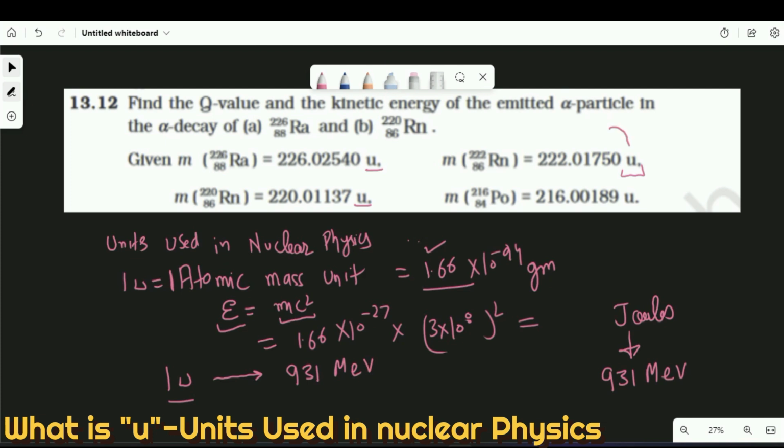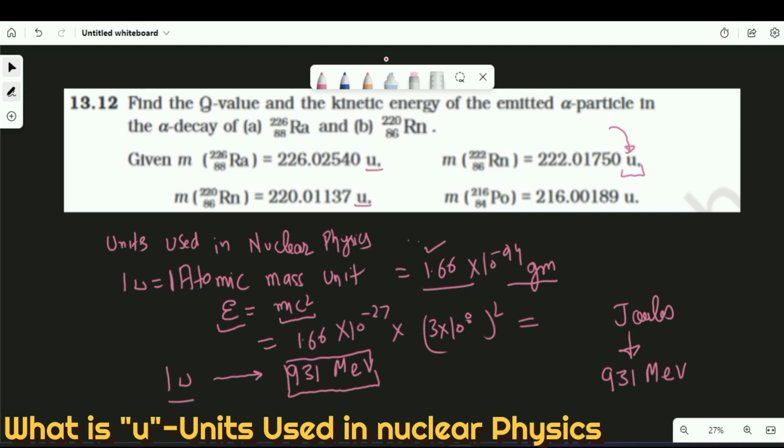So when you see u, they're referring to an energy of 931 million electron volts. Whenever you solve nuclear physics questions, this has to be memorized. Memorize the mass and then the equivalence, which is 931.